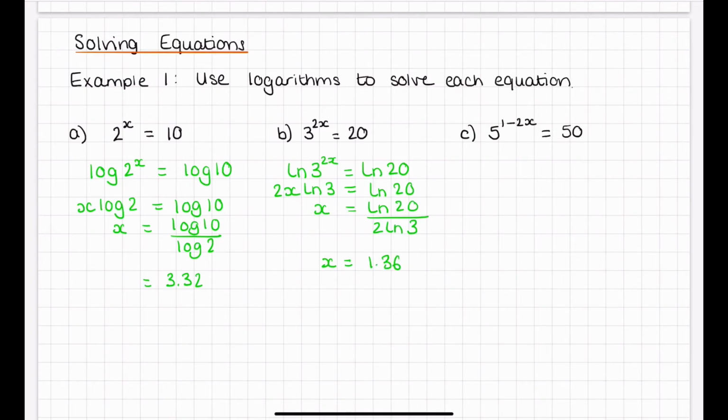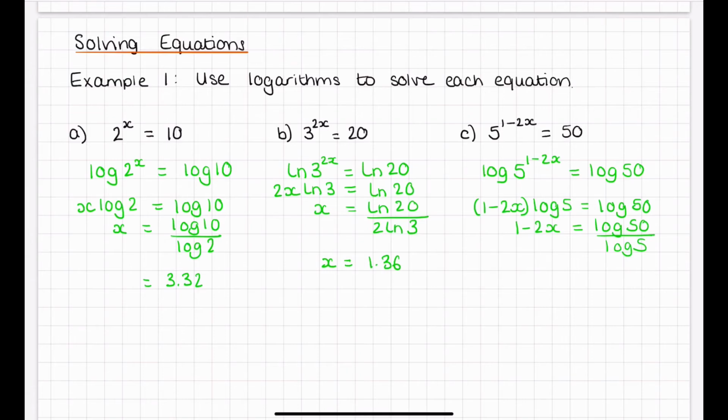C, we've got 5 to the power of 1 minus 2x equals 50. Once again, same thing, take the log of both sides, use ln, use log, take your pick. I'm going to use log again, so we'll have log 5^(1 minus 2x) equals log of 50. Now we're going to bring that power to the front. Because it's an expression, 1 minus 2x, we need to put that in brackets when we bring it down the front. So remember your brackets there. Then we just rearrange. Divide the log 5 to the other side.